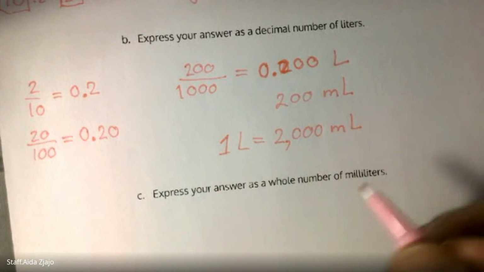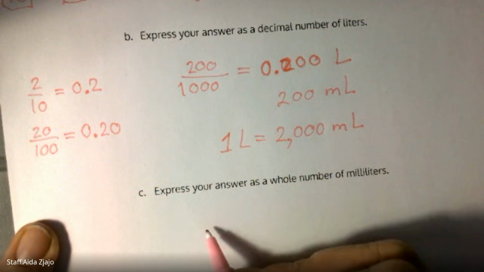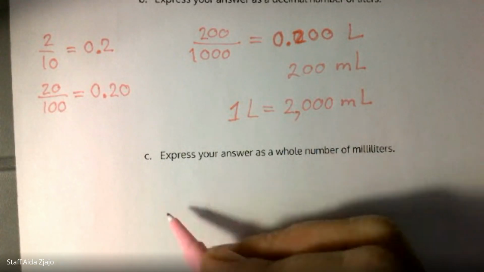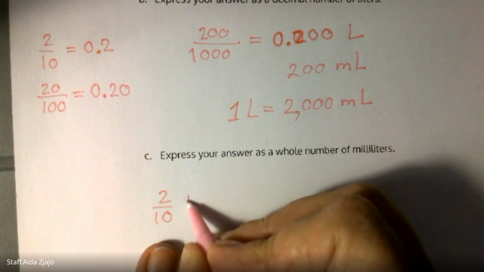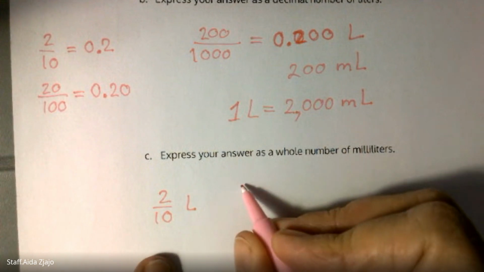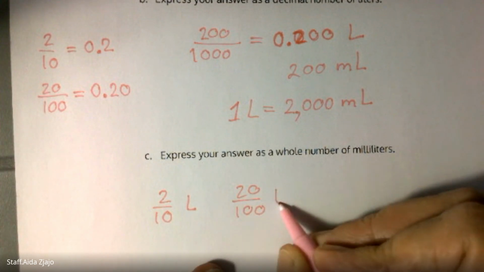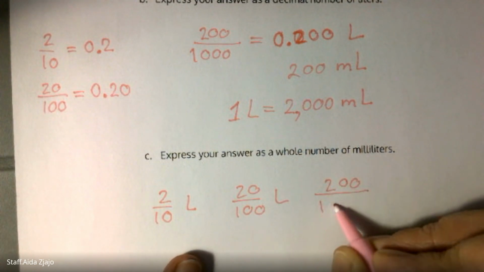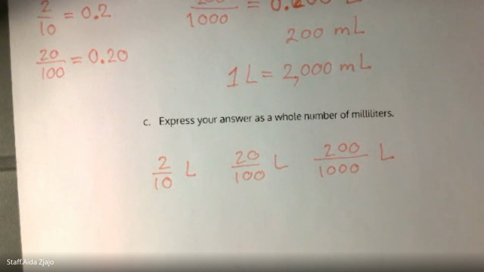Because when we were talking about this, if it helps you understand it, we have 2/10 of the liter. We can see that we have also 20 hundredths of the liter. We can say that we have 200 out of the thousand that makes a liter.